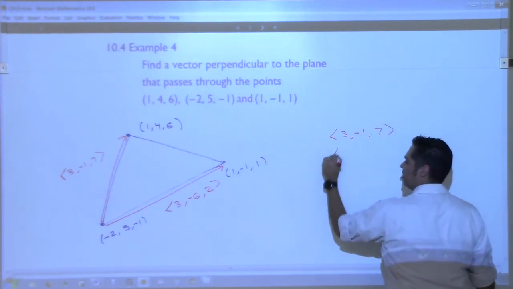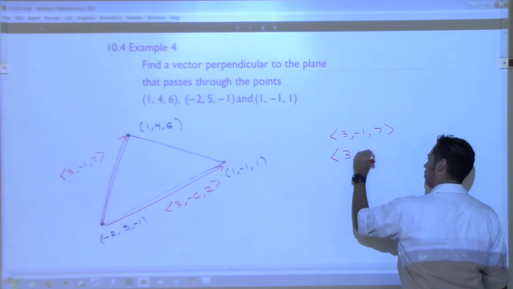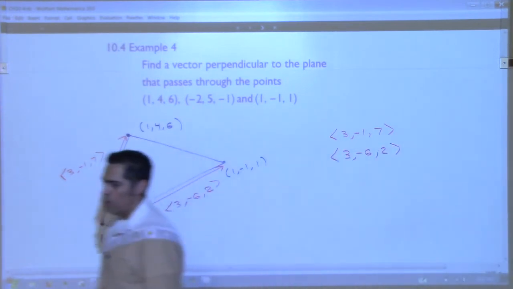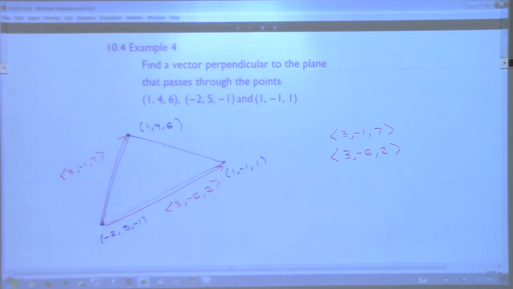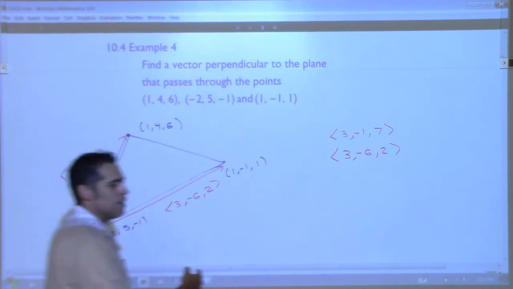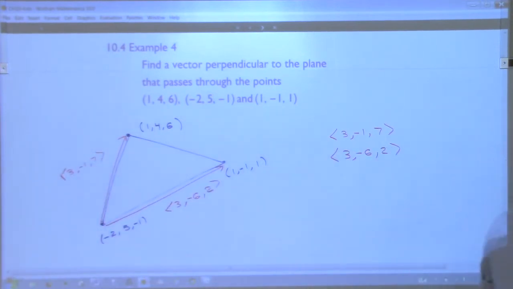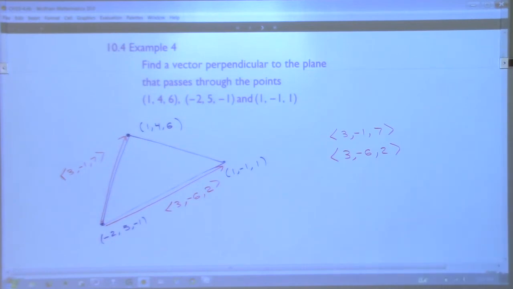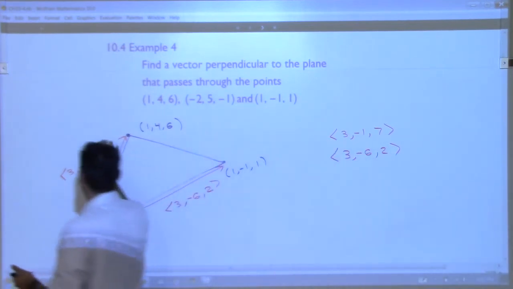Now, we still haven't answered the question of, does it matter what order we go in? But maybe we can answer that question now. Why don't you take about 25 seconds to a minute to calculate that cross product? While you do that, I'm going to do it the other way around. All right? And let's see what our answers are. So I'm doing mine over here.